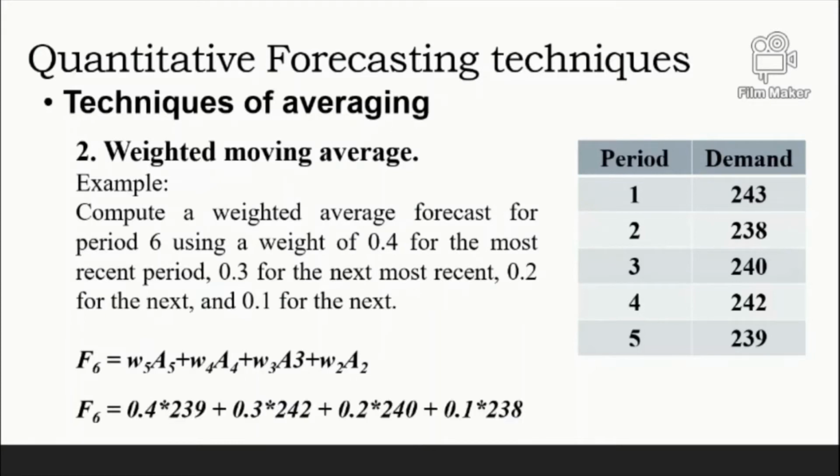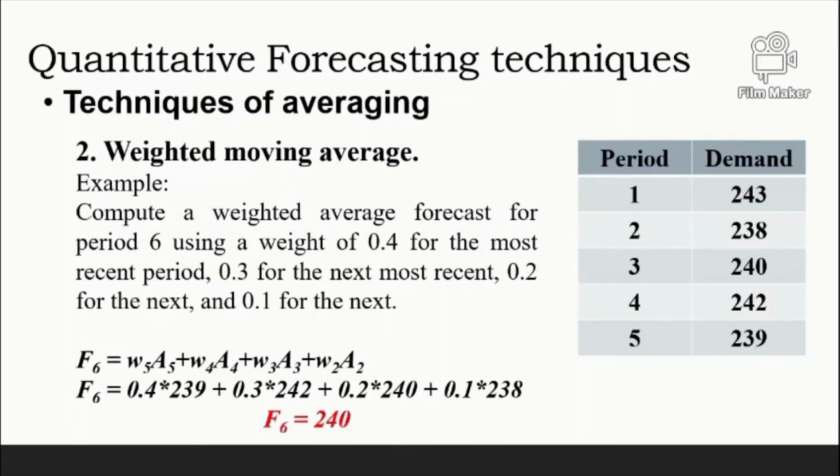So, F6 equals 0.4 multiplied by 239 plus 0.3 multiplied by 242 plus 0.2 multiplied by 240 plus 0.1 multiplied by 238, which equals 240. So the forecasted demand for period 6 using the weighted average equals 240.